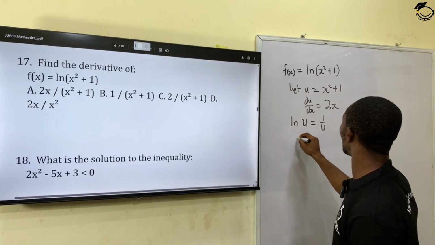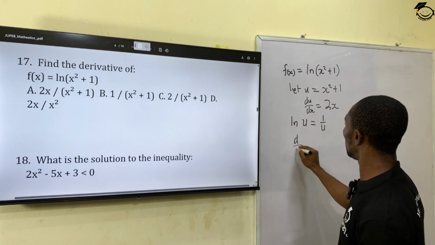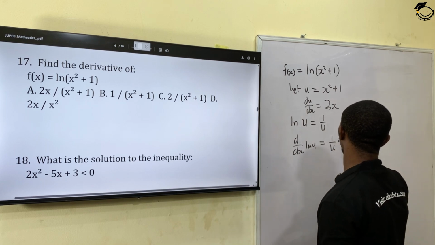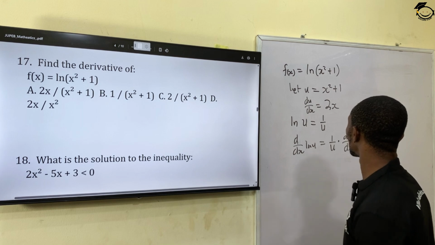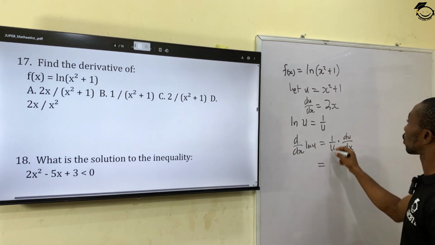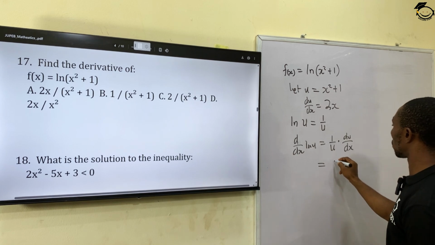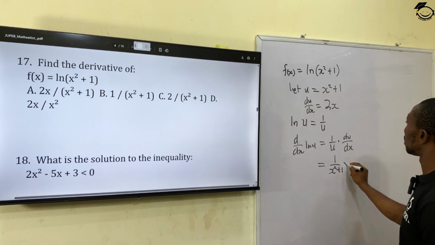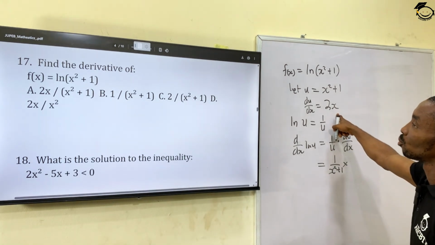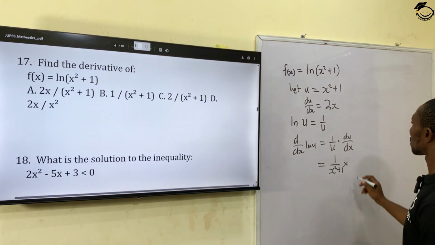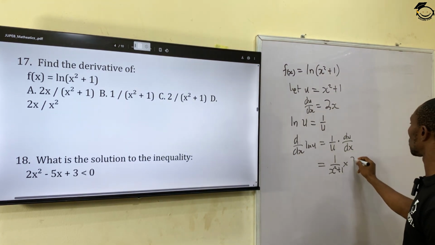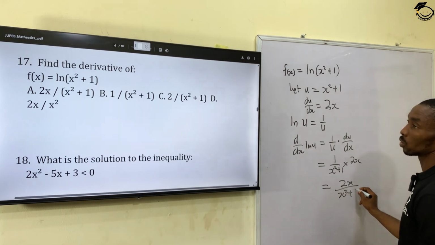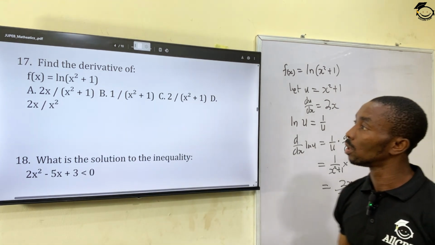So our dy/dx of ln u will become 1 over u times our du/dx. Okay, so recall that our u is x squared plus 1. So this becomes 1 over x squared plus 1 times our du/dx, which is 2x. So this gives us 2x over x squared plus 1, which is option A.